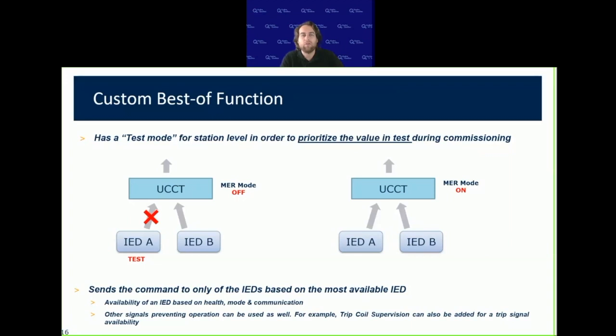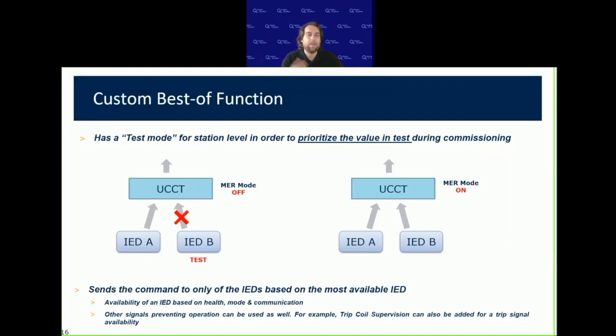Now, however, for different commissioning phases, we would want to validate one of the IEDs so that the information goes all the way to the top, meaning that we needed a test mode in order to prioritize the value in test. So if we look at the normal example, if IED A is in test and we want to make sure that all its information goes to the higher level, we wouldn't be able to prioritize that one because the other IED is still in operation.